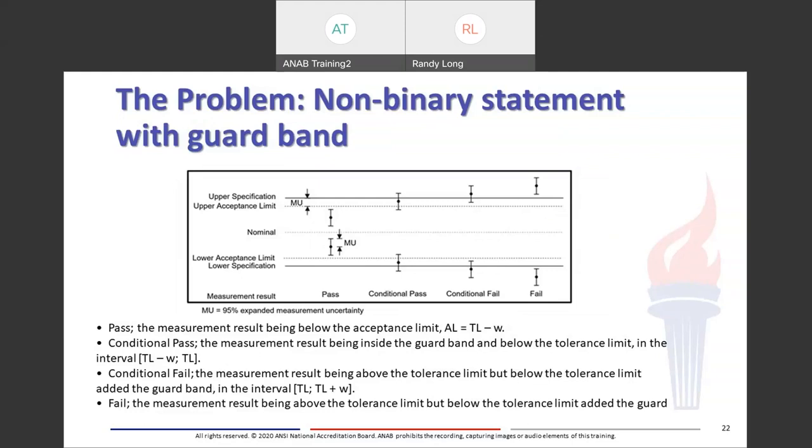As I mentioned before, some decision rules are non-binary. So if it's within this uncertainty band near the tolerance limit, they might call it a conditional pass. And again, if they took the same guard band and put it outside the limit, they might call it a conditional fail, like you see here.